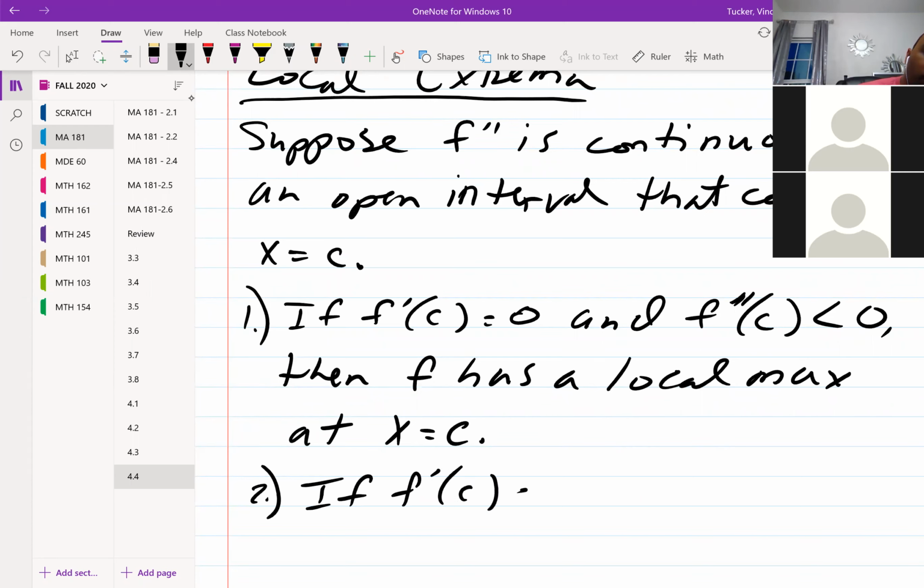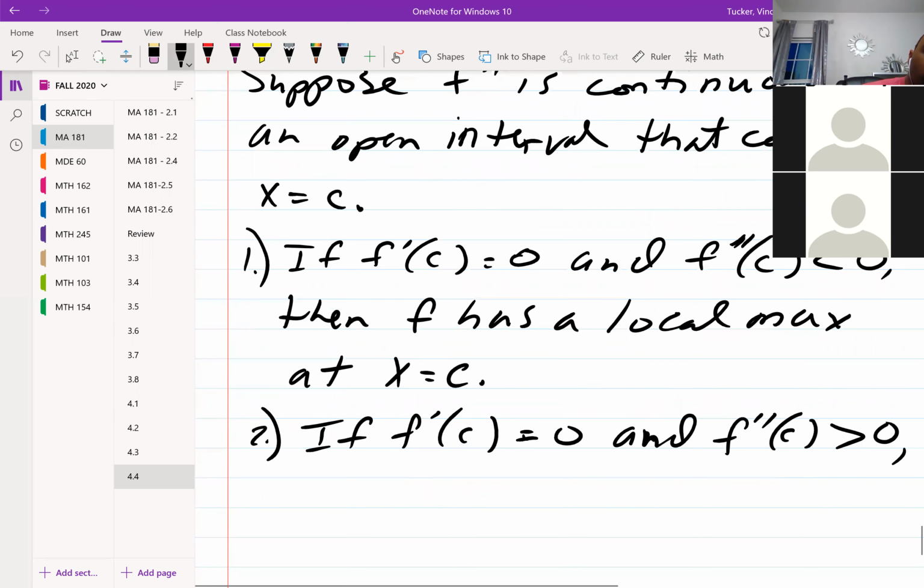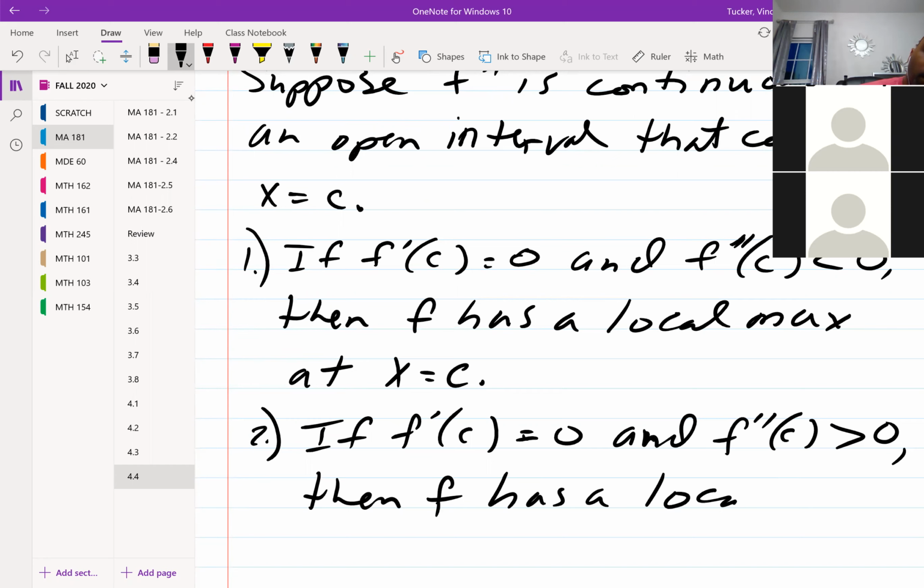If f prime of c is equal to 0 and f double prime is greater than 0, then f has a local minimum at x equals c.